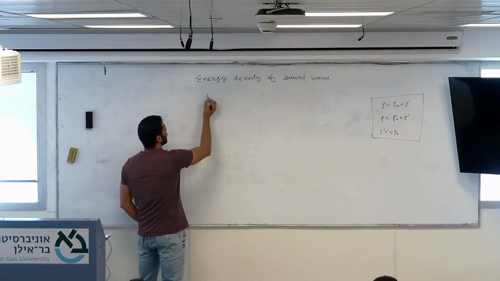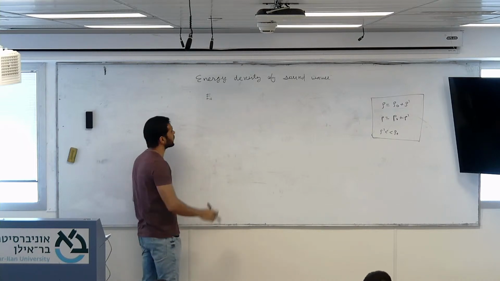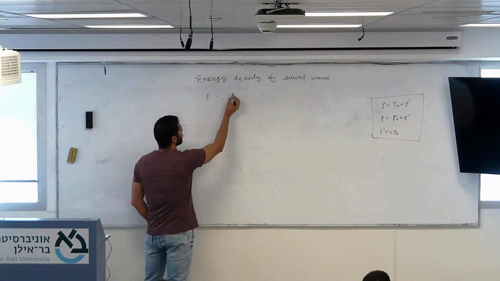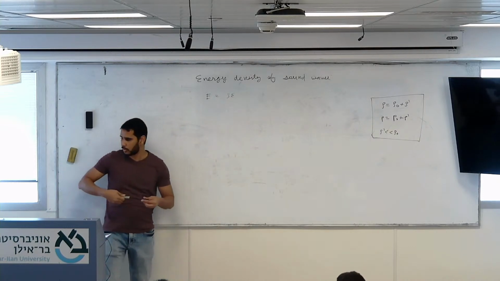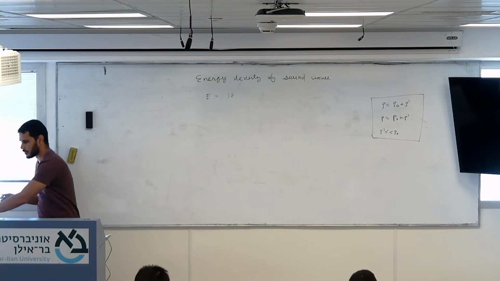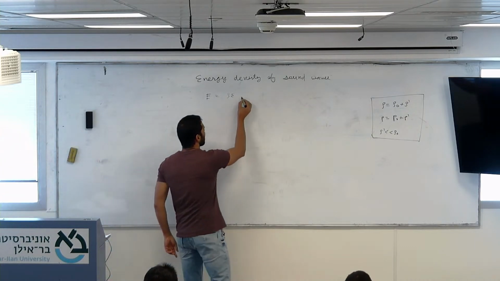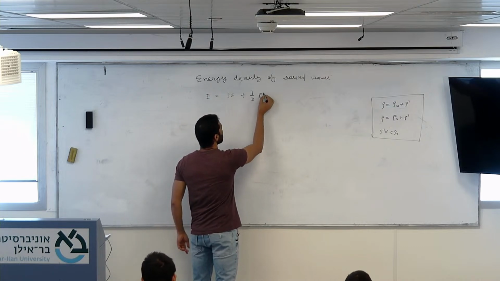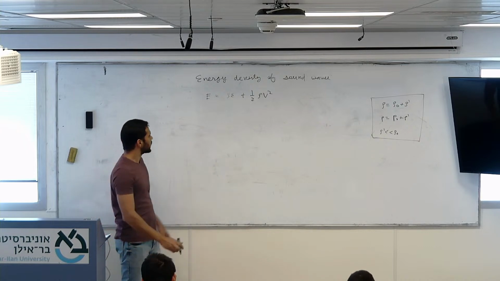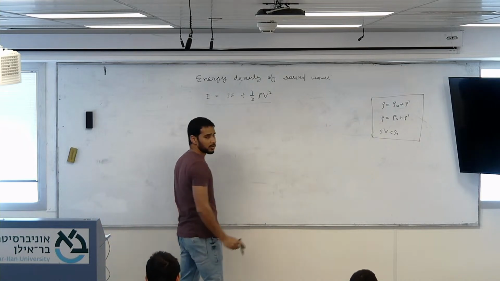Let's say energy density of the fluid, let's go easy, let's call it E. If a fluid is moving with velocity v, this is the total energy density contained inside the fluid.